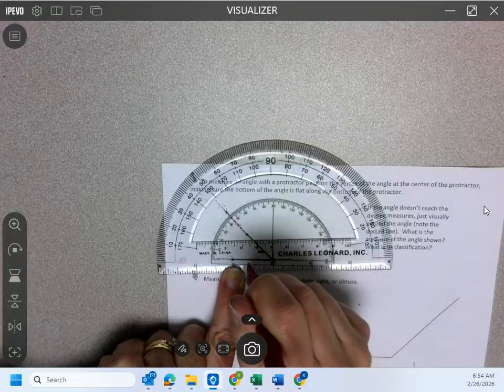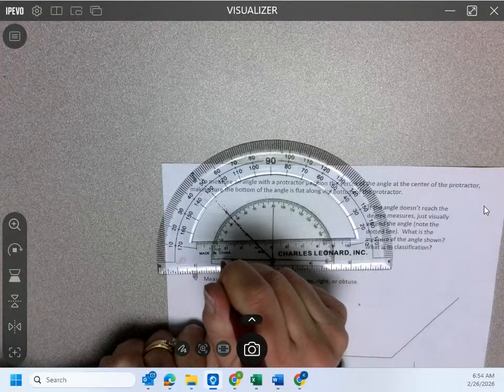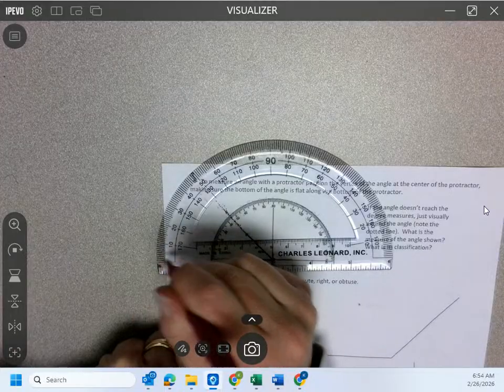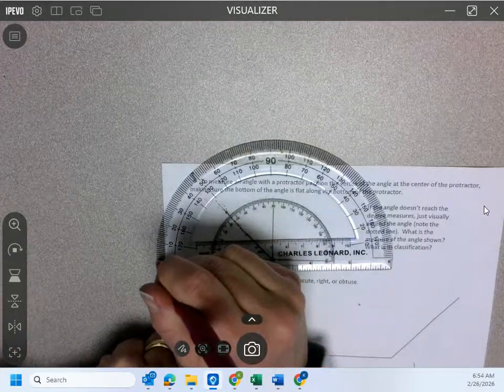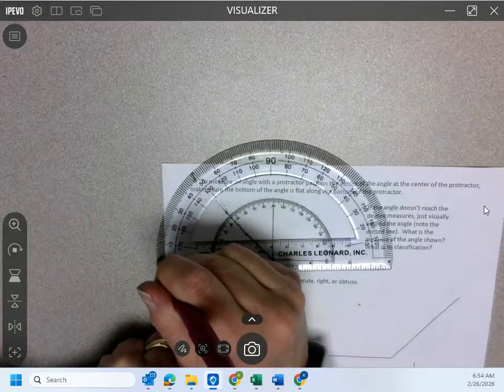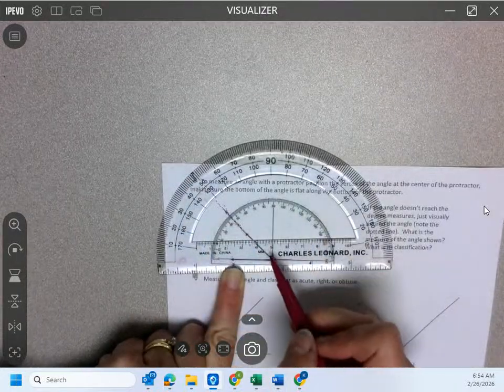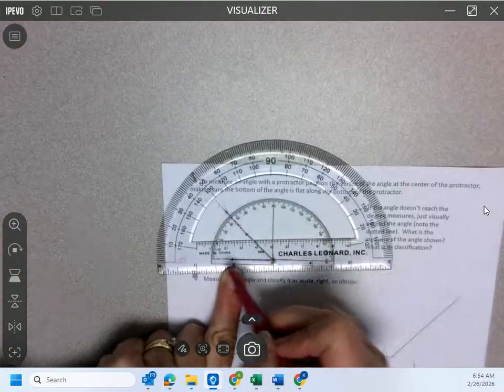That was step 2. Step 3 is to follow that angle line out to the 0. In this case, the 0 is on the outside of our protractor, so we follow those numbers on the outside. So that was step 3.